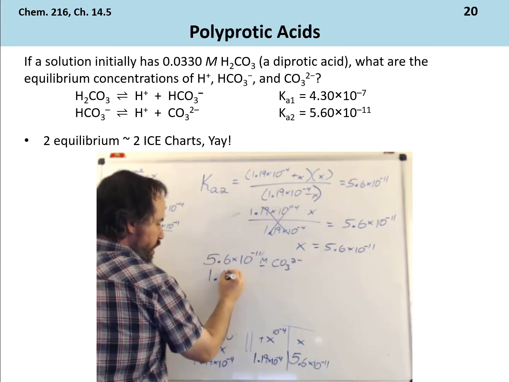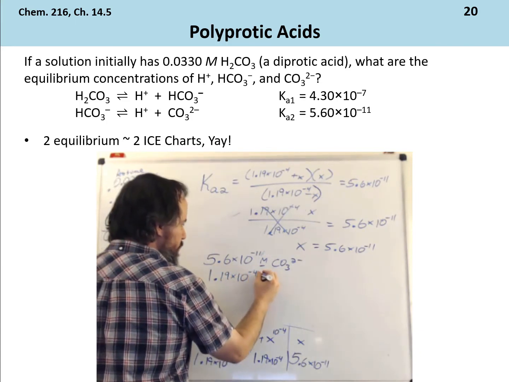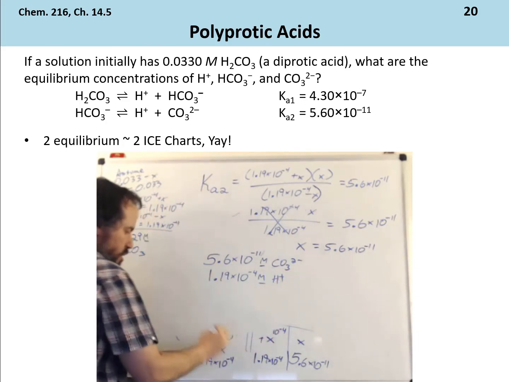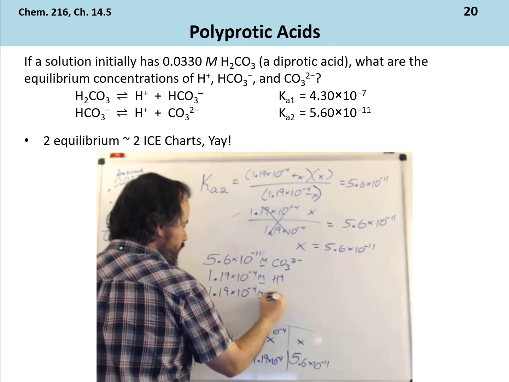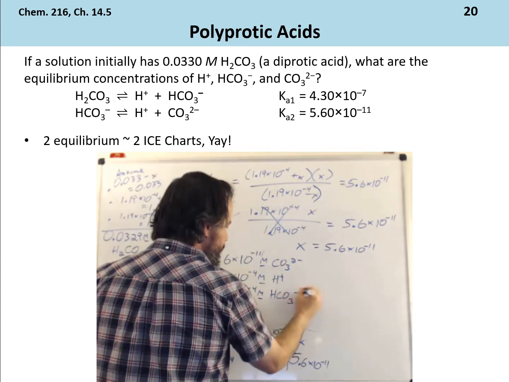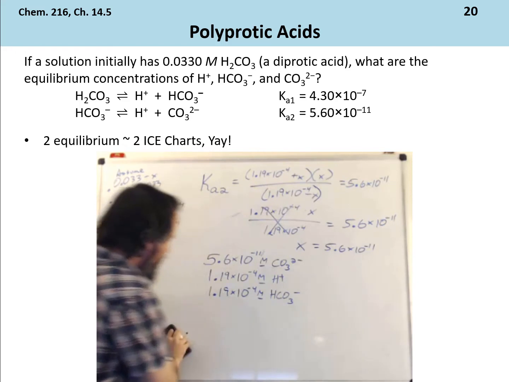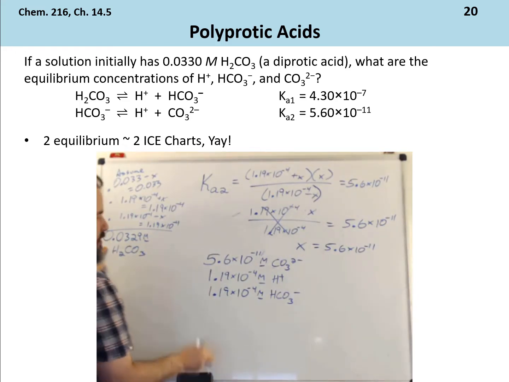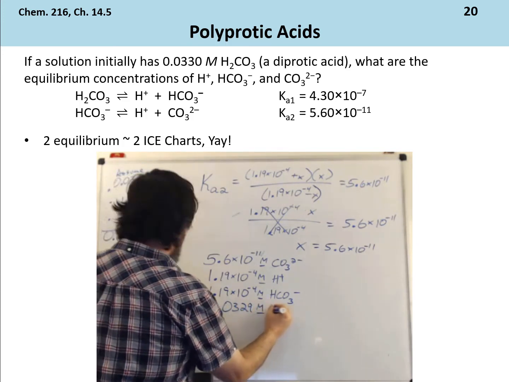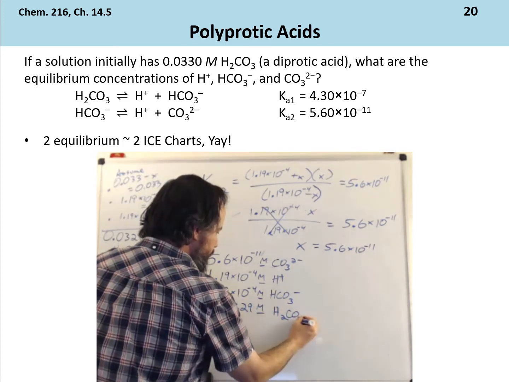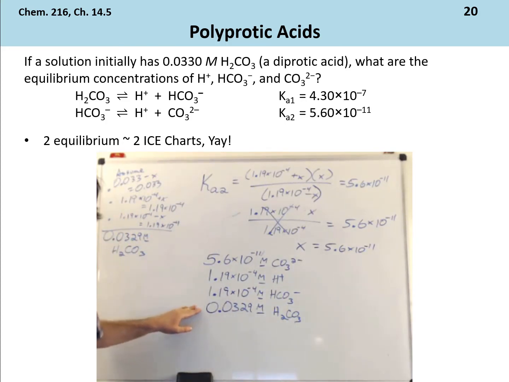I have 1.19 times 10 to the minus 4 molar H plus, 1.19 times 10 to the minus 4 molar HCO3 minus, and I have from the very beginning 0.0329 molar H2CO3. Right? So I start off with 0.033 molar H2CO3. A little bit of it formed these, and then a little bit of this formed this.